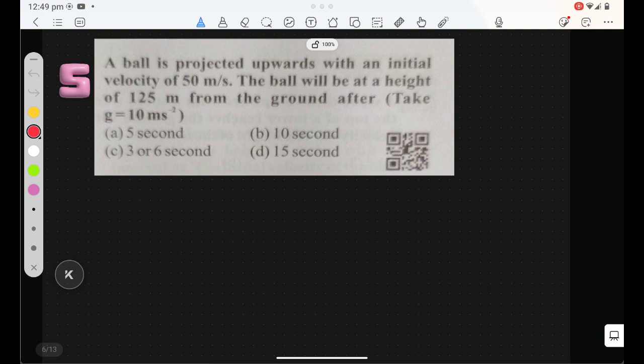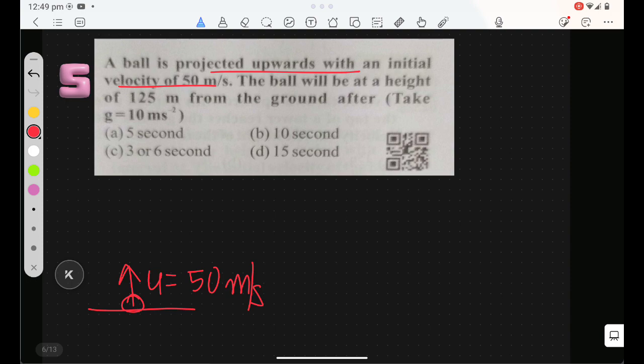Moving to the fifth question, it states that a ball is projected upward with an initial velocity of 50 meter per second. So this is the diagram. Try to make diagrams, try to draw the visual picture of the scenario, then you will be able to solve the questions more efficiently.